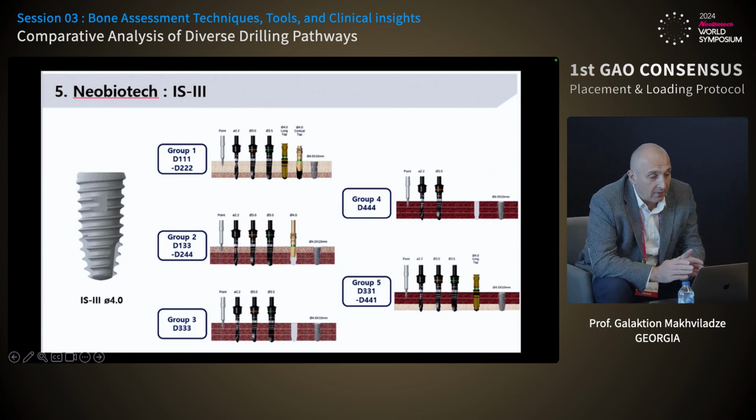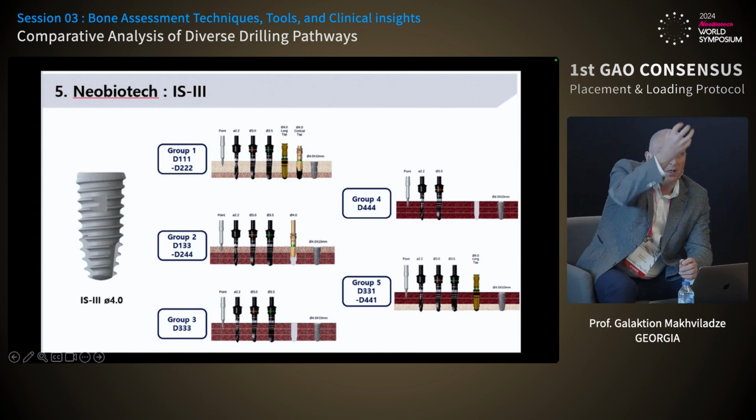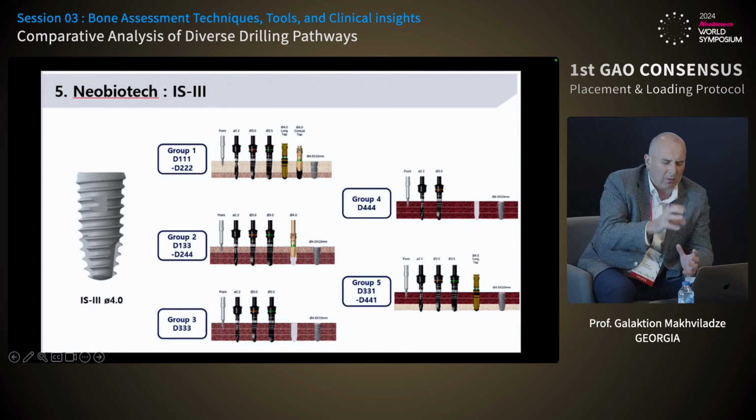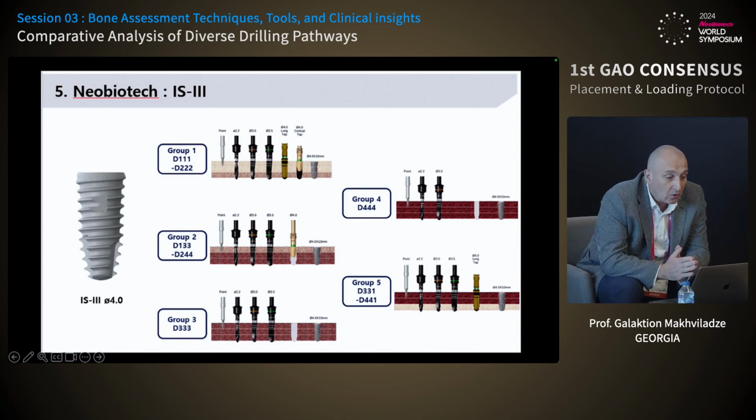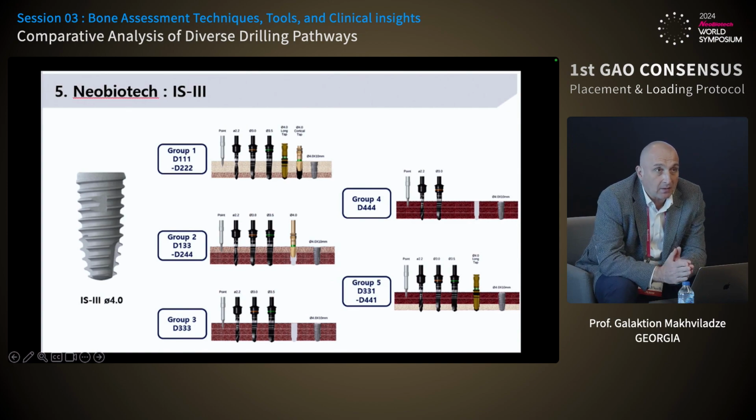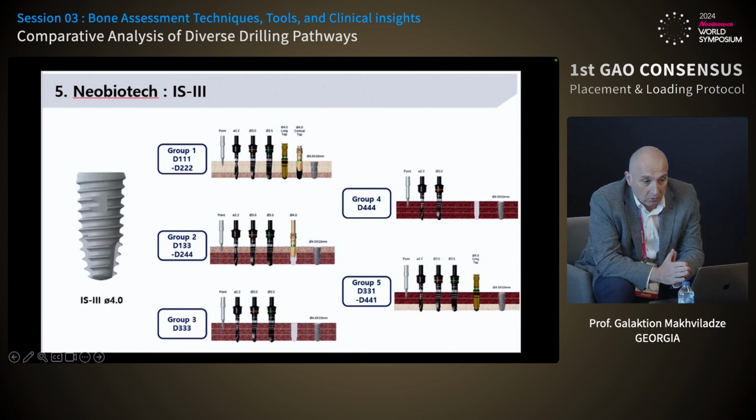To compare, in the case of D44, it means that around the whole body of the implant, all 3 parts, we have just D4 bone. So these 5 groups have their own protocols.